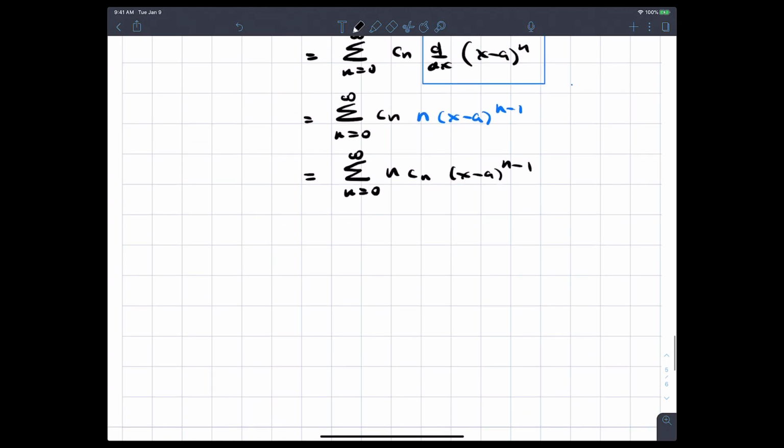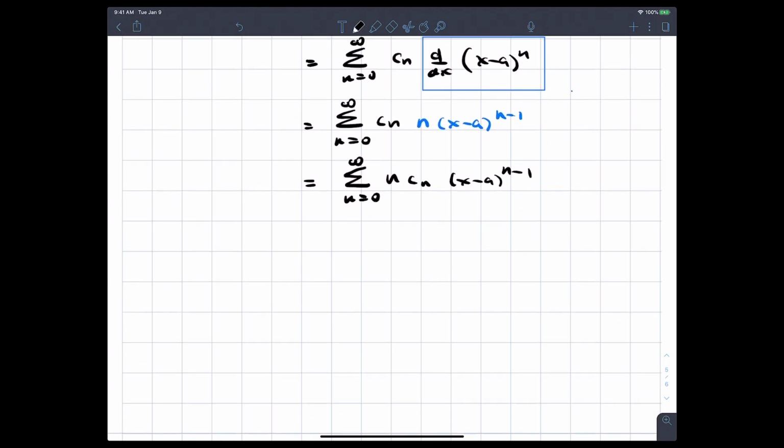Now, be very careful here because the theorem says this. When you differentiate, you're going to start with n equals 1: n C_n (x minus a) to the n minus 1 power. And you might say, well, how come you went from n is 0 to n is 1?